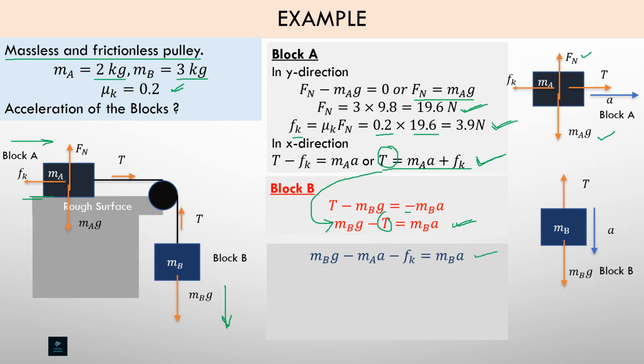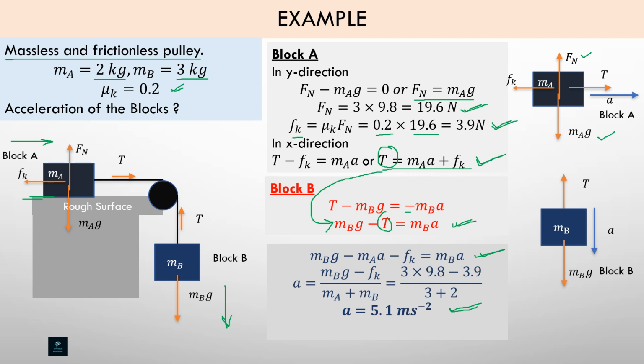From this we can find the value of a as mb times g minus Fk divided by ma plus mb. Putting in the values of ma, mb, g and Fk, we get the acceleration as 3 into 9.8 minus 3.9 divided by 3 plus 2, which is equal to 5.1 meters per second squared.